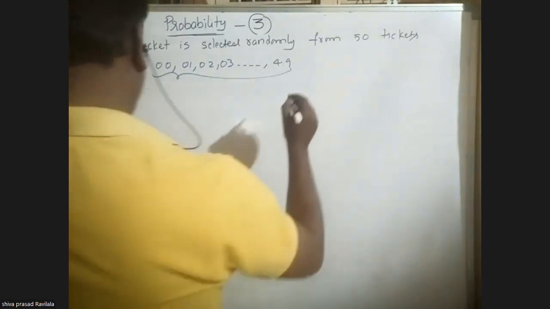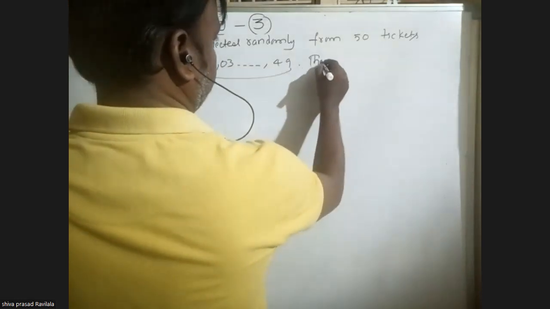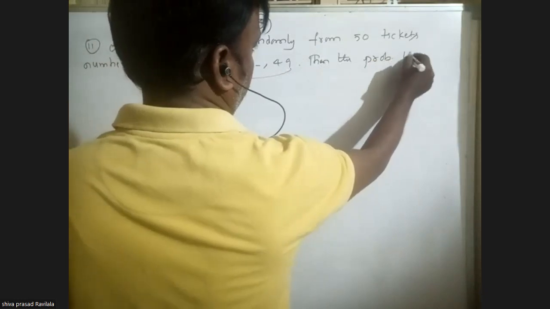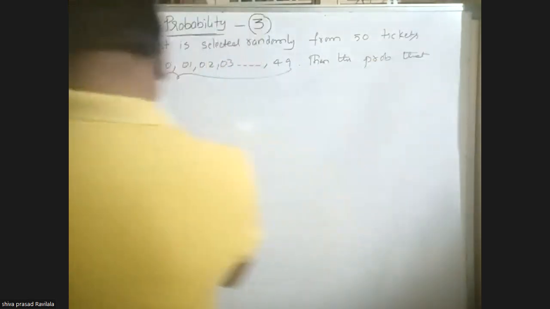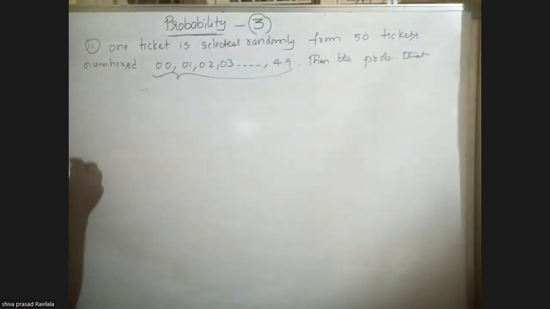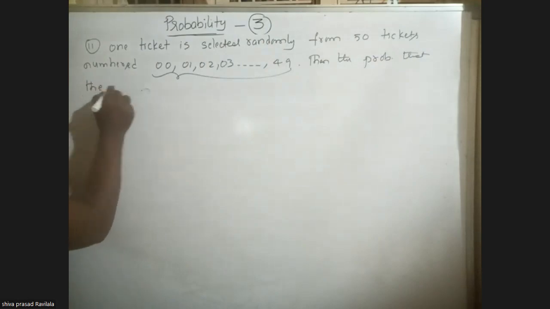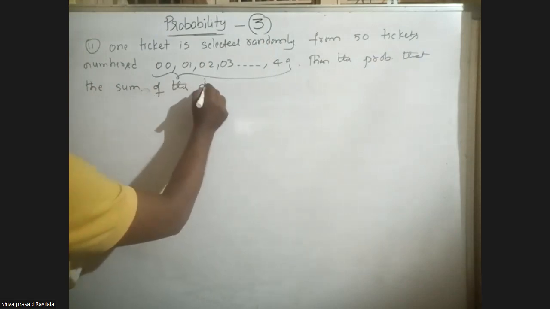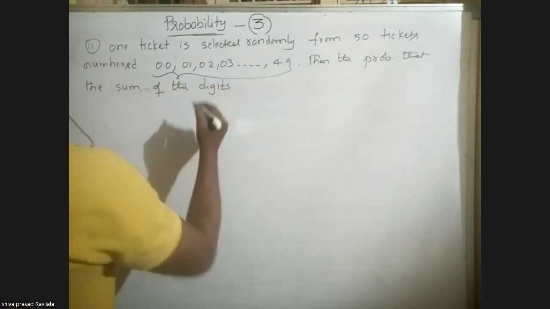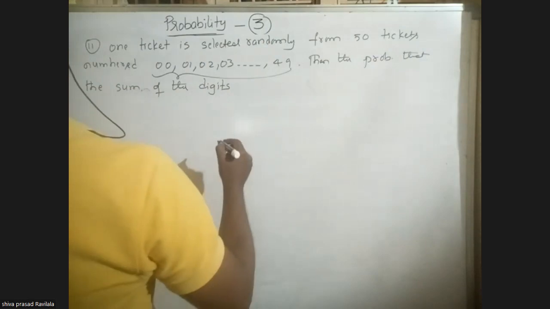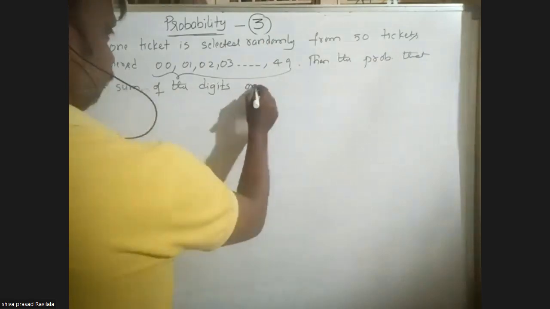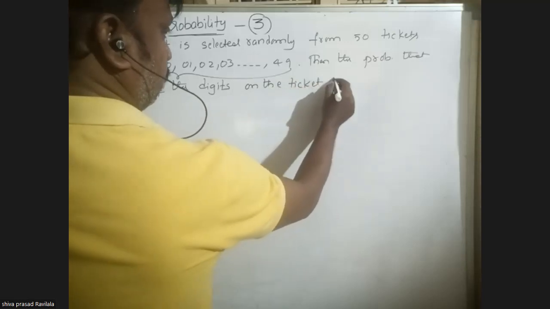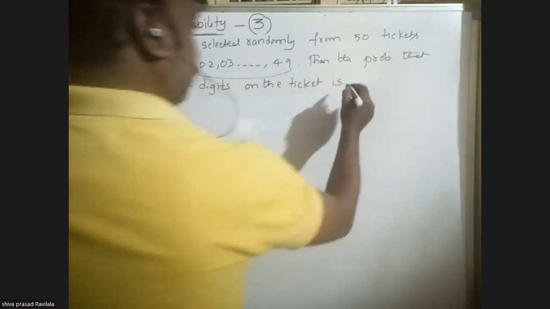Next, the probability that the sum of the digits on the ticket is 8, given that the product of the digits is 0.